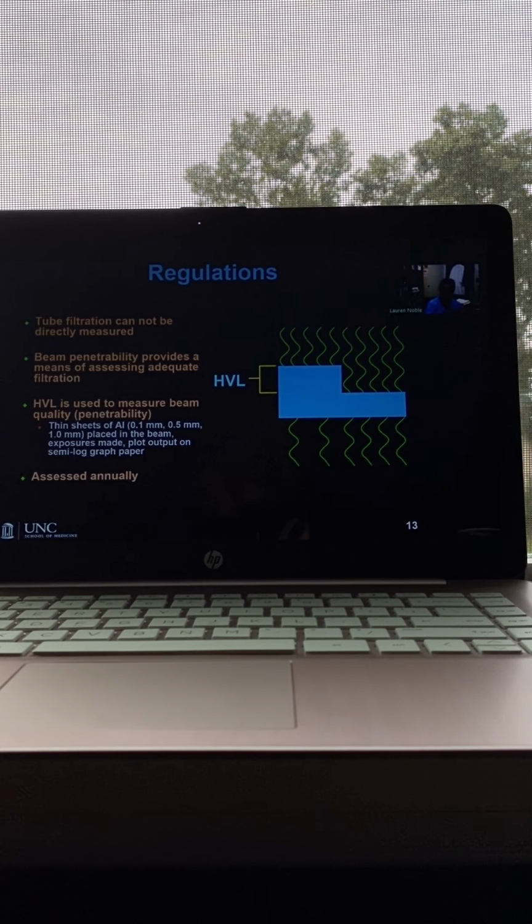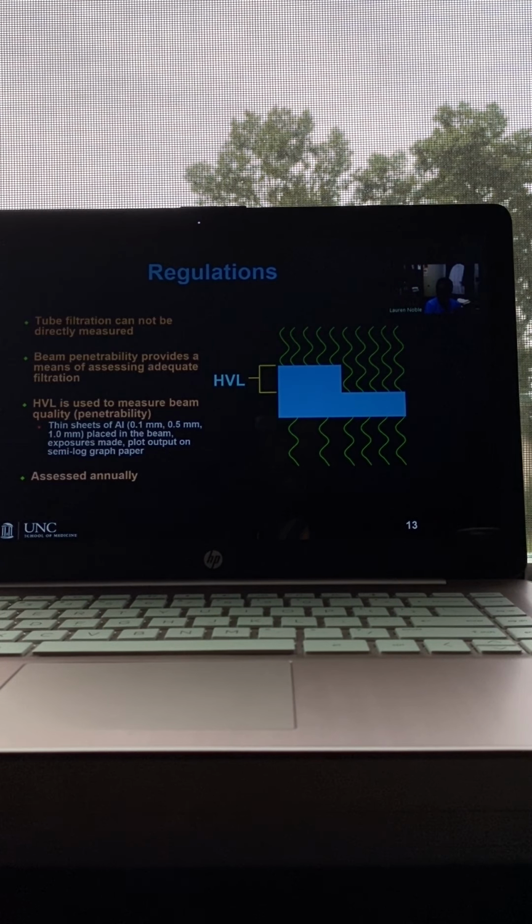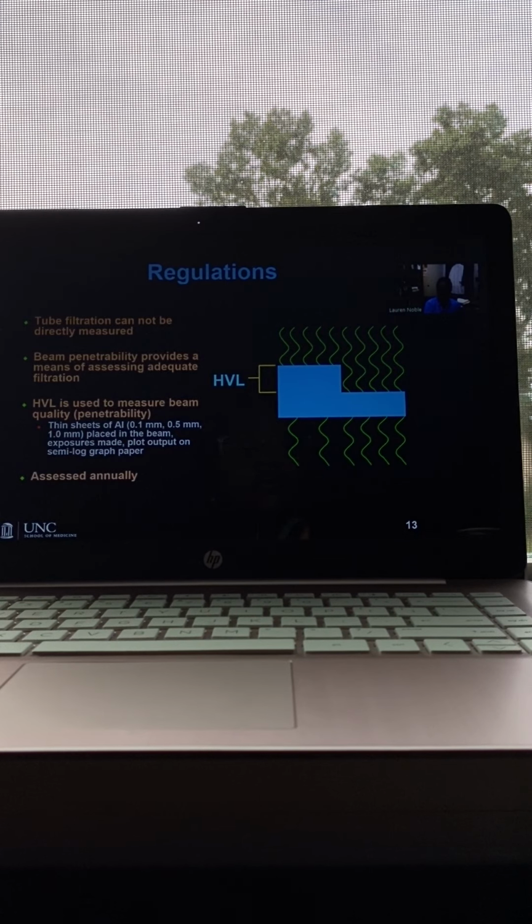What I mean by that is, when an X-ray tube gets installed, the filtration does have to be measured every year. So even in our lab, we'll have a medical physicist that will come and check the amount of filtration that we have in our tubes. Well, you can't directly measure it.